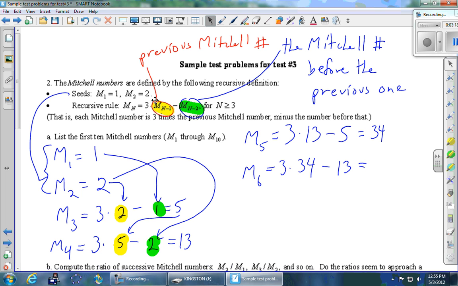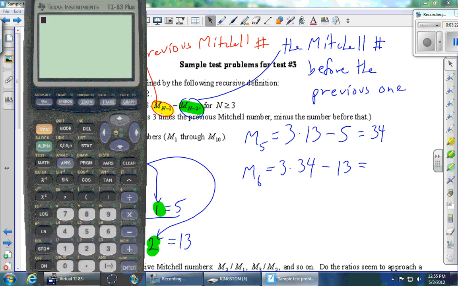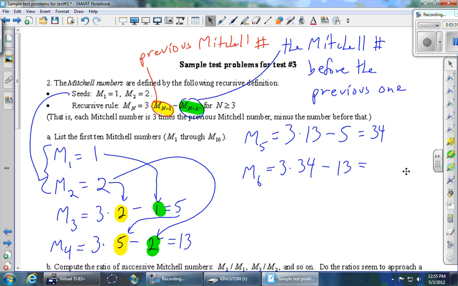And I'll go ahead and start using the calculator as these numbers get bigger. So that one's 89. M7, 3 times the previous, 3 times 89. Subtract the one before, 34.